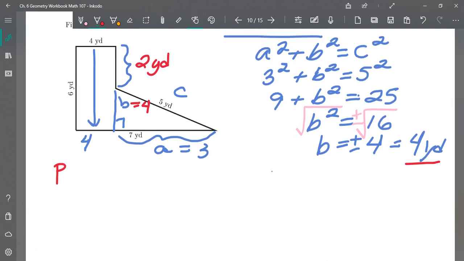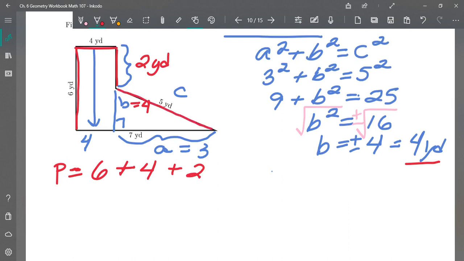So for perimeter, we're just going to be adding up the sides. So we have this dimension 6, plus the top of the rectangle is 4. The 2 for that piece. Make sure you don't include the 4 below. There we go.